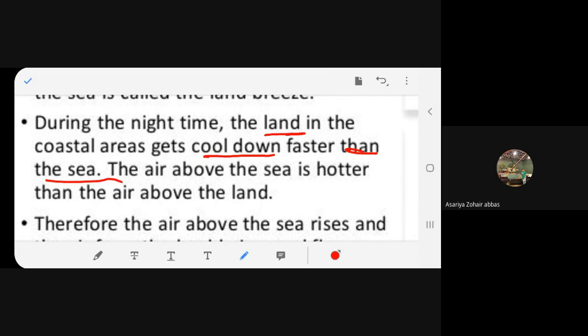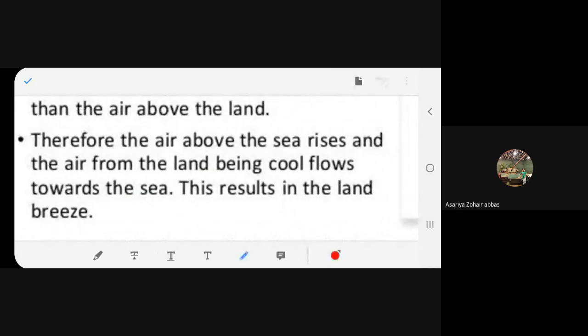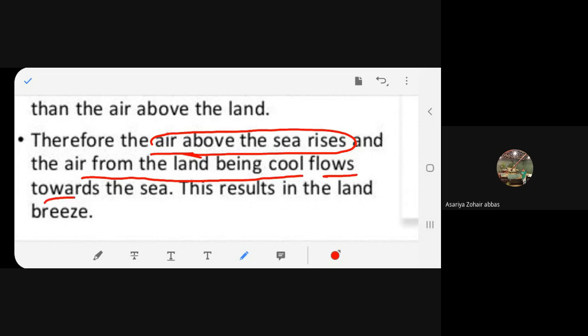So what happens? Air above the sea is hotter as compared to air above the land. Right, beta? This is what we saw. So what happens? Above the sea, air rises and air from the land flows towards the sea, forming the land breeze.